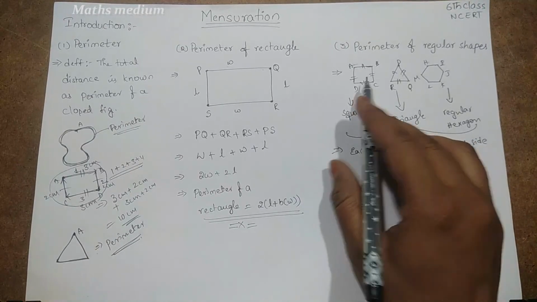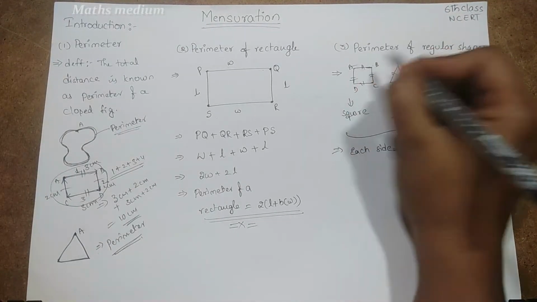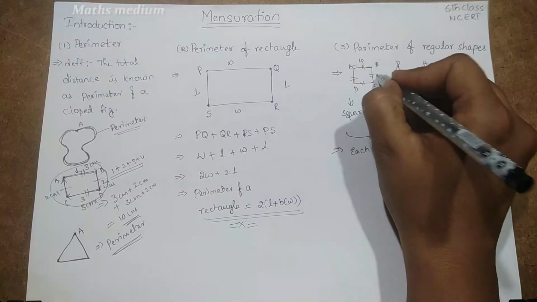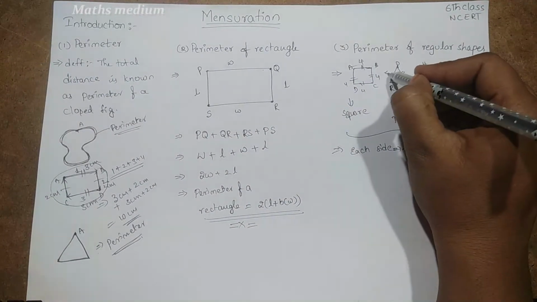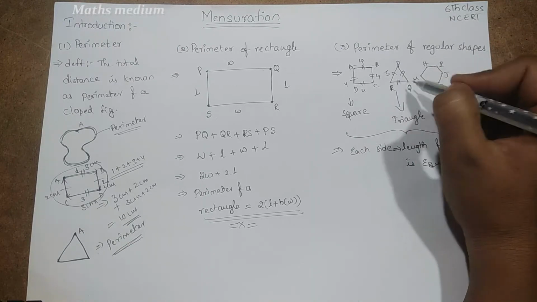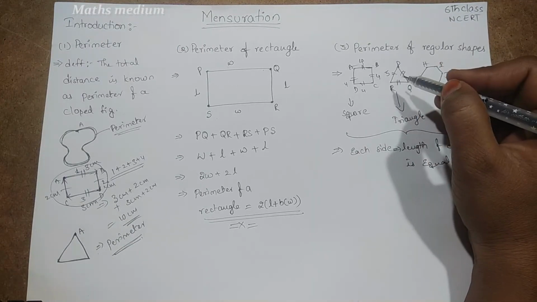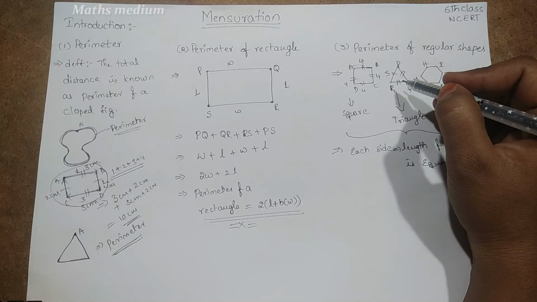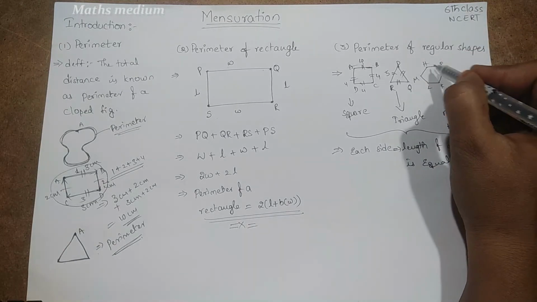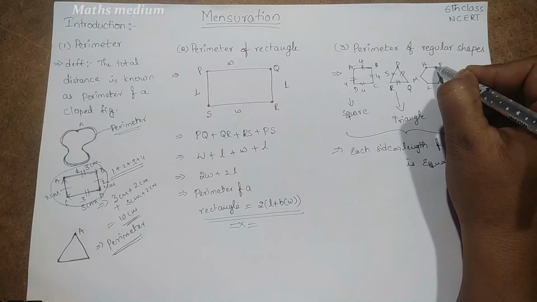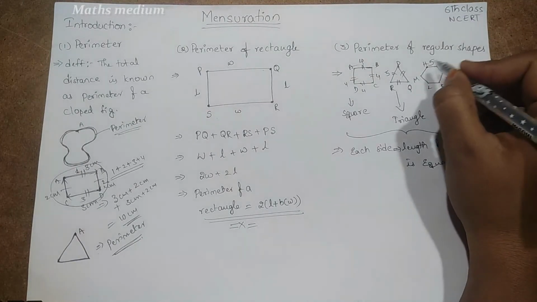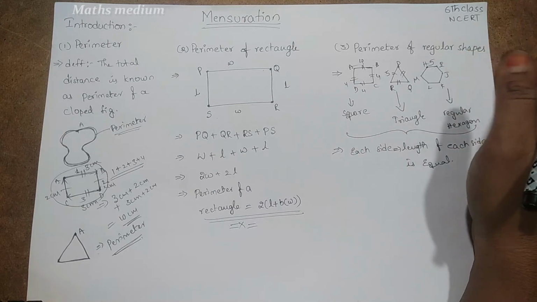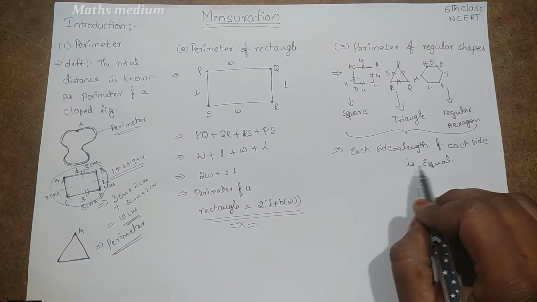If you take this square, if this AB side is 4 centimeters, all sides are 4 centimeters. Here also PR is equal to 3 centimeters, then RQ and QP respectively are also equal to 3 centimeters. Here if you take a regular hexagon, if a side is 5 centimeters, all sides we take as 5 centimeters. So here the length of each side is equal.